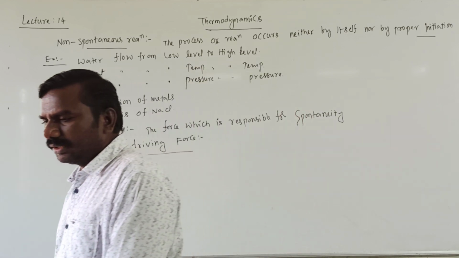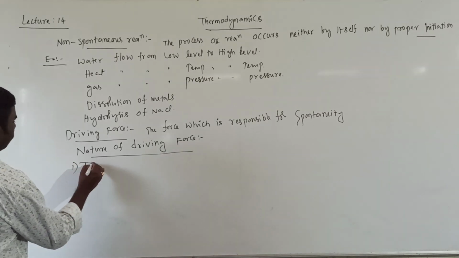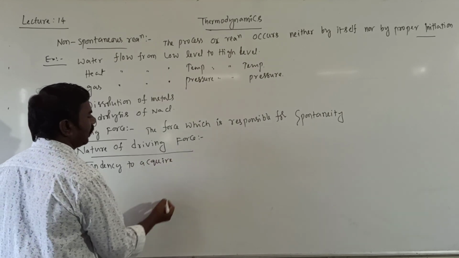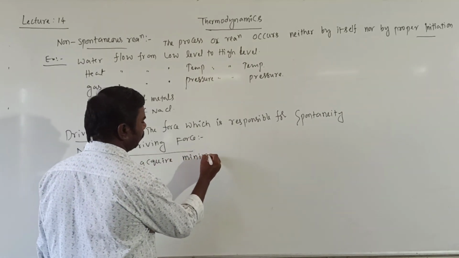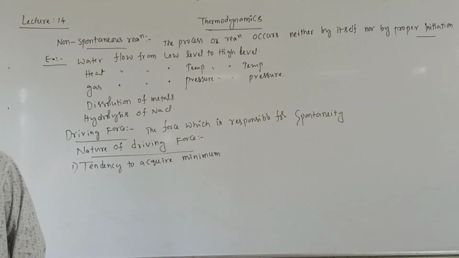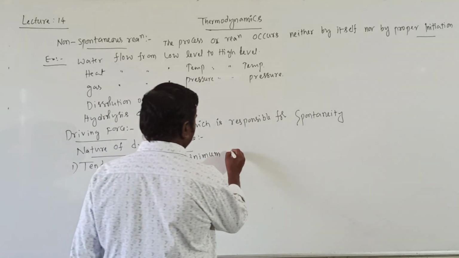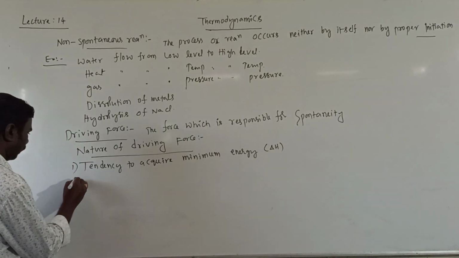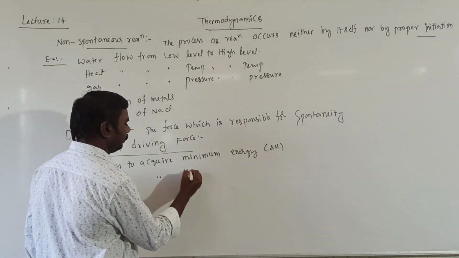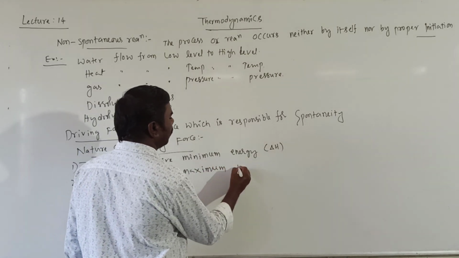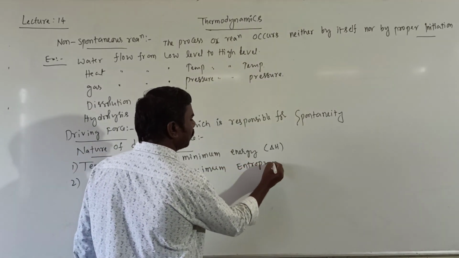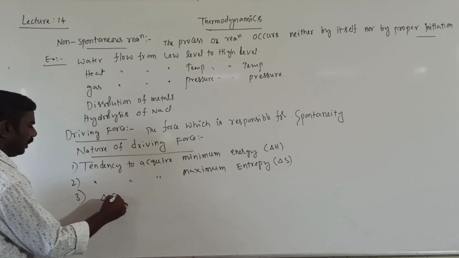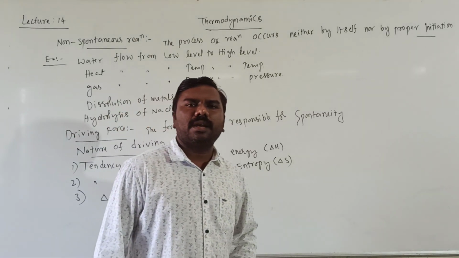First one is the tendency to acquire minimum energy, that is delta H. Next, second factor is the tendency to acquire maximum entropy, that is delta S. Last factor is delta G, that is Gibbs free energy change.